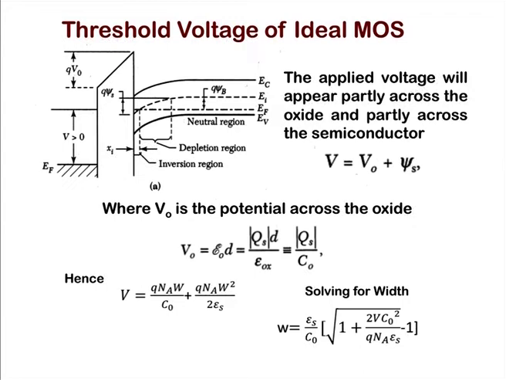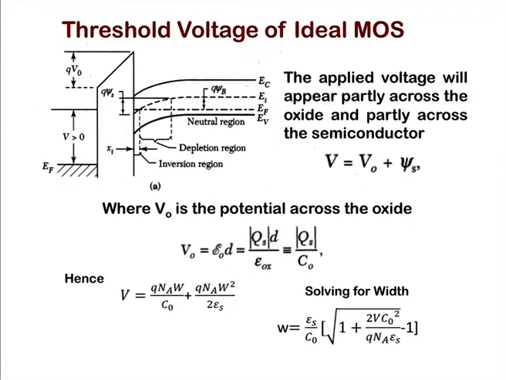The surface electrostatic potential depends on the applied voltage, how much voltage we have applied. Initially, the Fermi levels of the semiconductor and metal are at the same energy level, so psi S is 0. But when we apply voltage, the surface potential becomes psi S and V0 will appear on the oxide.